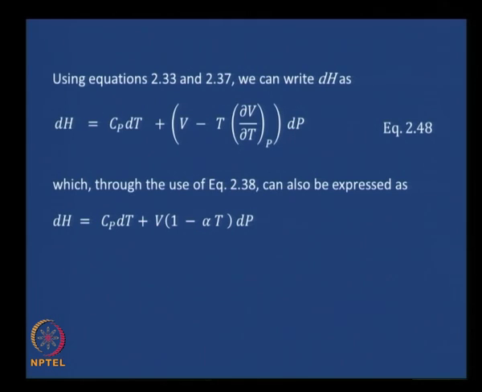Expansivity was 1 by V ∂V/∂T at constant P, and therefore you could replace this with V minus alpha V T, and if you take V common out you will get V into 1 minus alpha T times dP, and of course the Cp dT remains here, which equals a total differential. Let us call this equation 249.